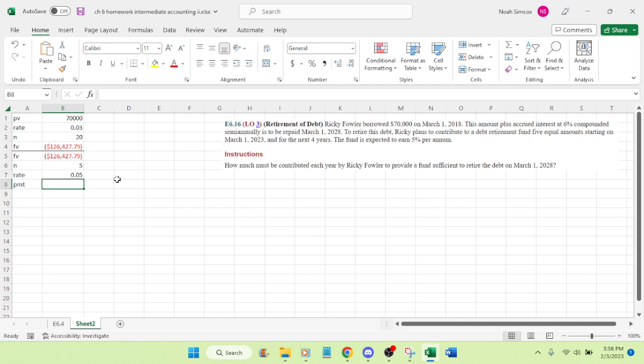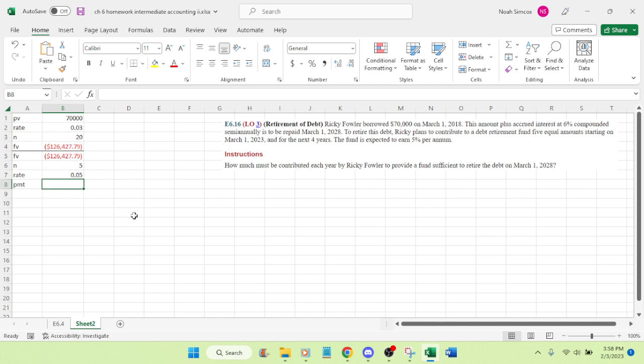Wait a minute. No, I think we can't solve for payment, can we? Do we need the present value to solve this? I don't think we do. Yes, we do need the present value, because otherwise it's assuming the present value is 0.